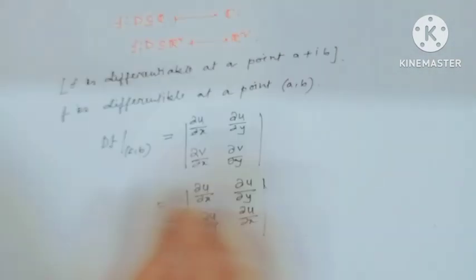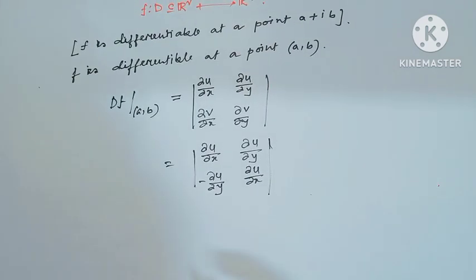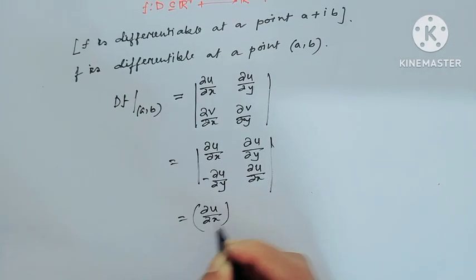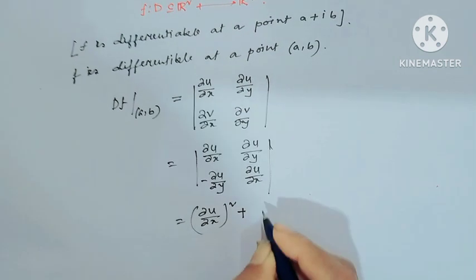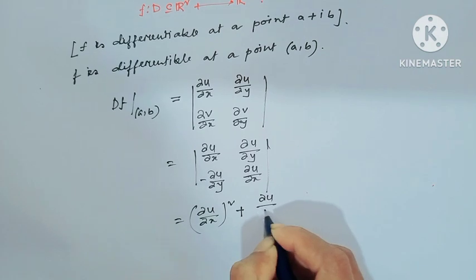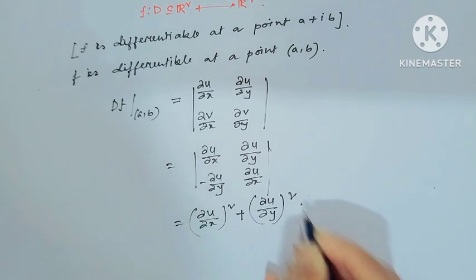And this determinant would be (del u del x) whole square plus (del u del y) whole square.